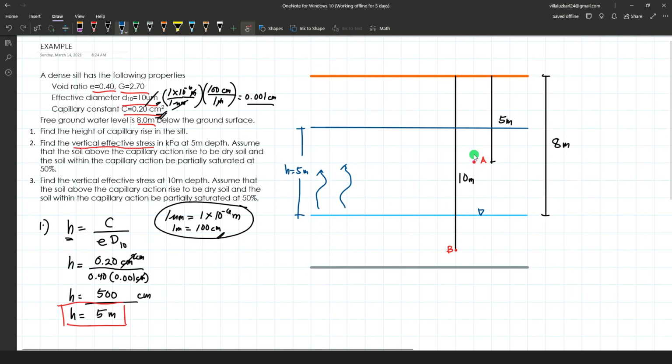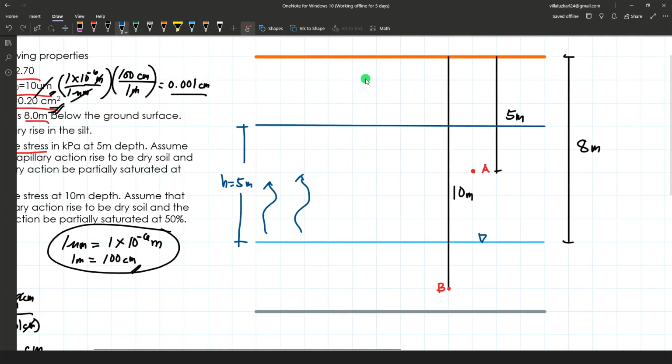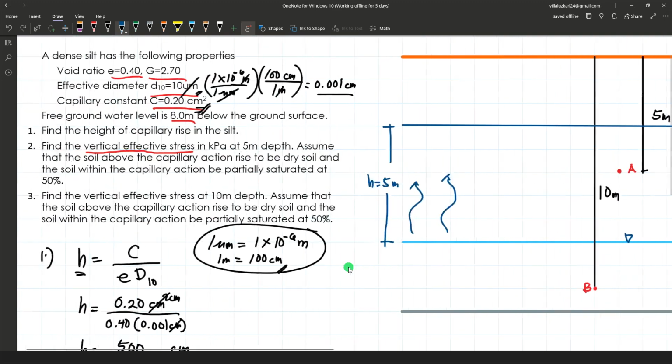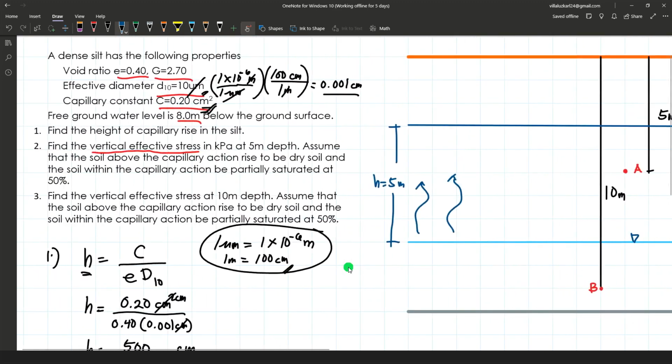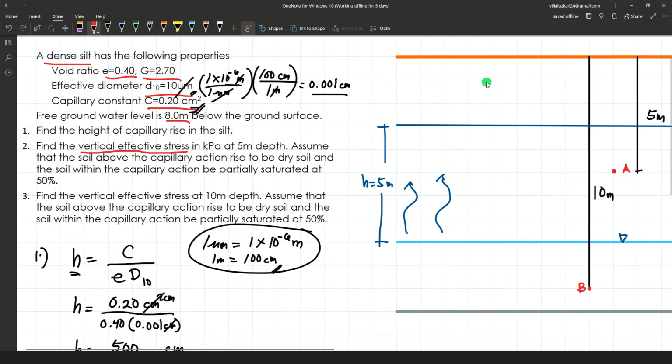For number 2, we'll now determine the effective stress at point A. But since we don't have yet the unit weight for each layer of the soil, we have to determine first the equivalent unit weight. Since they are of the same type of soil, which is dense silt, their void ratio and specific gravity are the same. They will only differ in their moisture content as well as the degree of saturation.